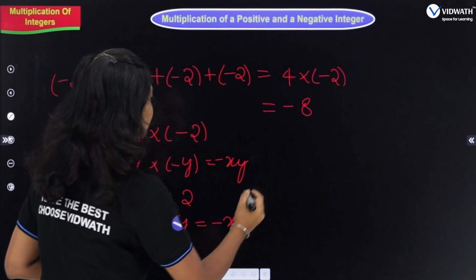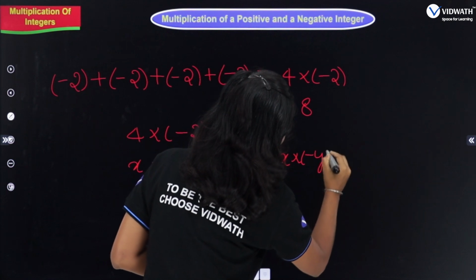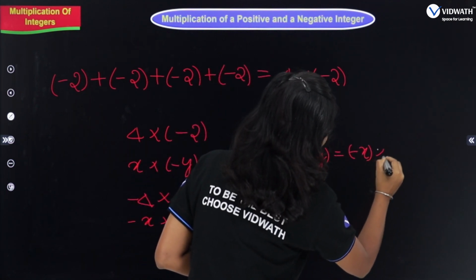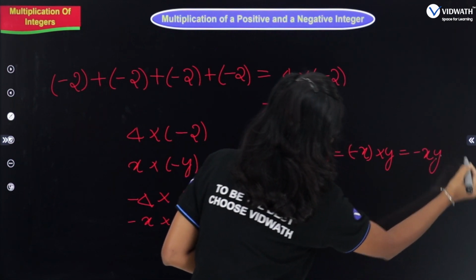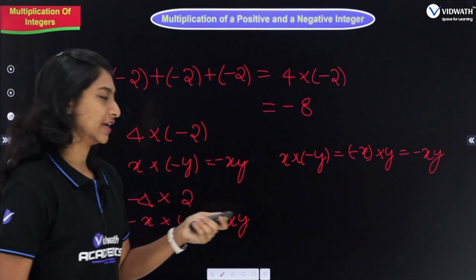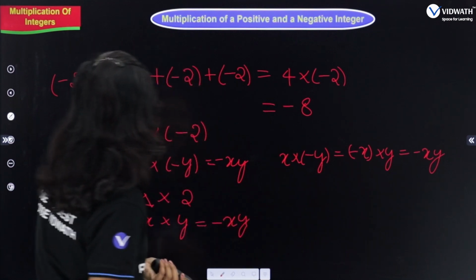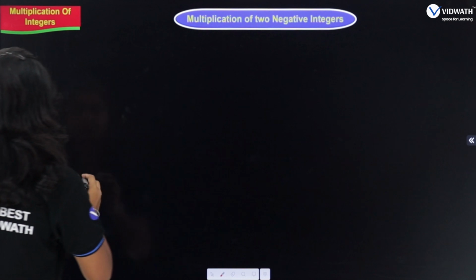And now I'll write this as x into minus y is equal to minus x into y is equal to minus x into y. Therefore, the multiplication of a positive integer and a negative integer will give you a negative result.